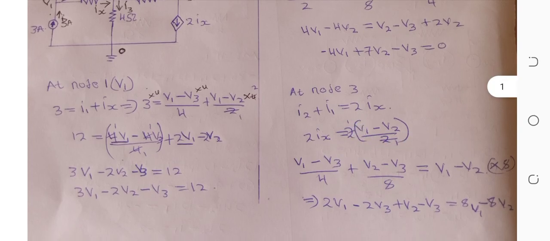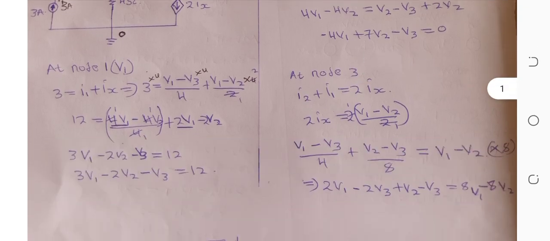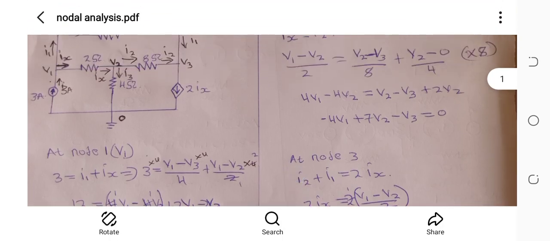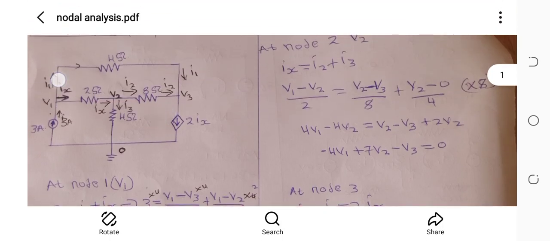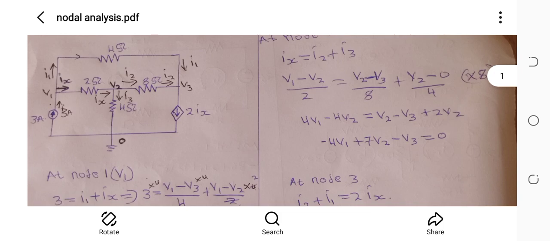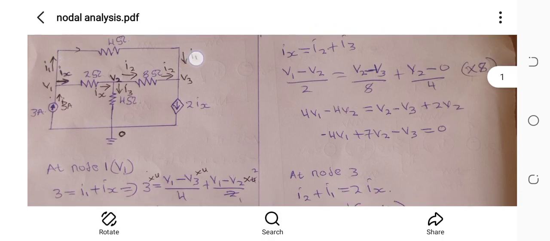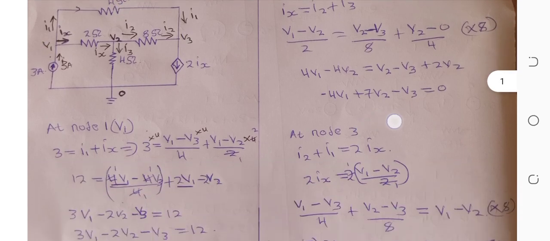So we have V1 minus V3 divided by 4, plus V2 minus V3 for I2. You can see we had our I1 here also. So it is V1 minus V3 all over the 4 ohm resistor there.